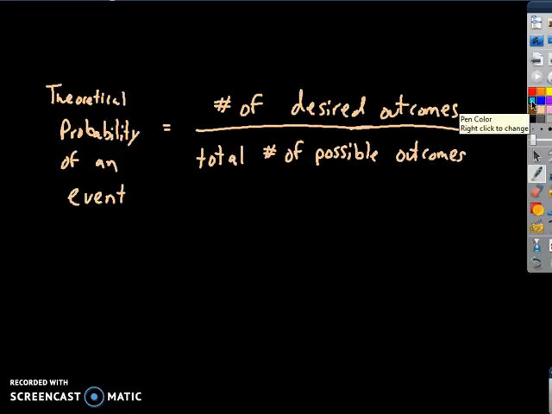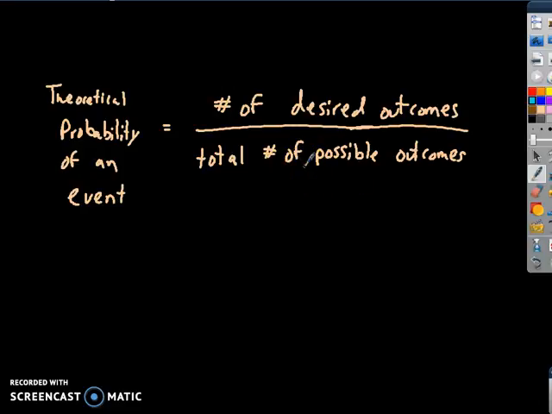All right, so theoretical probability means any probability we can think of that's not a true experiment. Theoretical probability is always equal to the number of desired events on top of the fraction, over the total number of possible outcomes on the bottom.